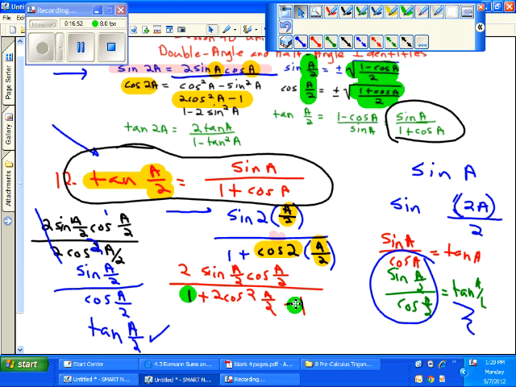I'm not really going to get into that. We just need to know that that's a reality, that you can't have a division by zero error. So cosine a can't be equal to negative 1. When is cosine negative 1? At 180. So that would exclude from the domain a being 180. So we've got to kind of remember that that's going to be going on all the time. Any other questions or thoughts on this?